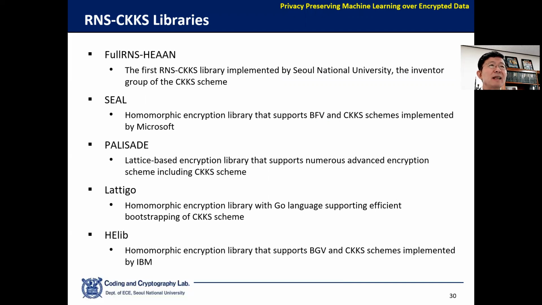The third one is Palisade, which is a lattice-based encryption library that supports numerous advanced encryption schemes, including the CKKS scheme. The fourth one is Lattigo, which is a homomorphic encryption library in the Go language supporting efficient bootstrapping of the CKKS scheme. The last one is HElib, which is a homomorphic encryption library that supports BGV and CKKS schemes, implemented by IBM.